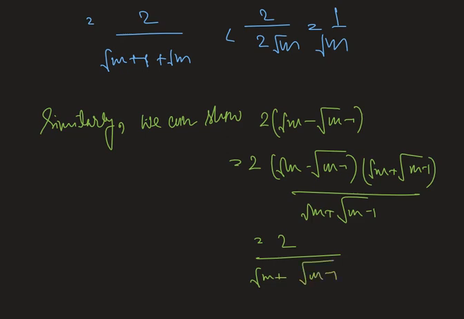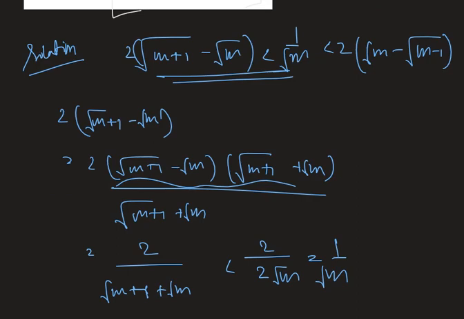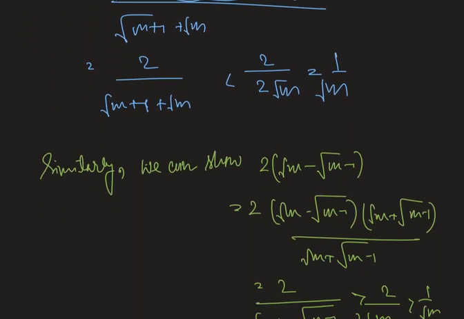And we can say that this is equal to 2 by 2 root over m, or 1 by root over m. Okay, so this is the right hand side portion.